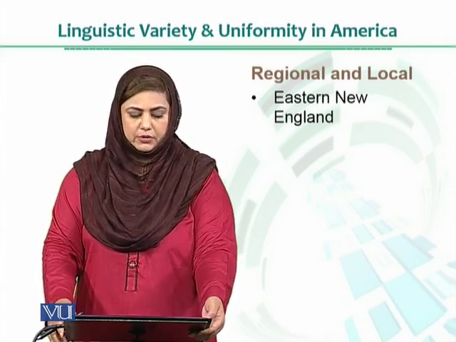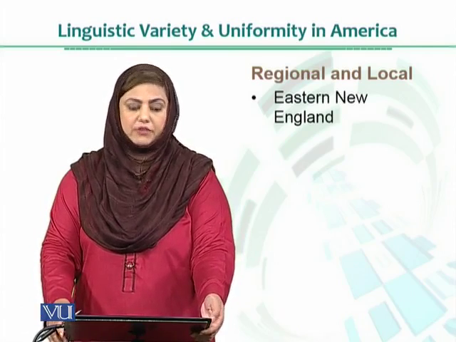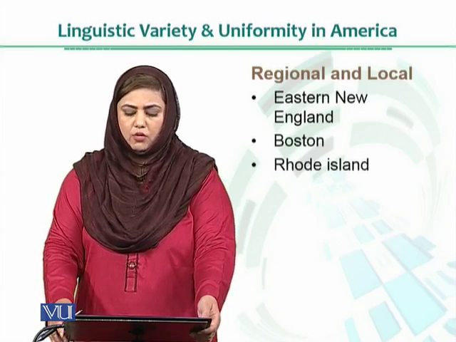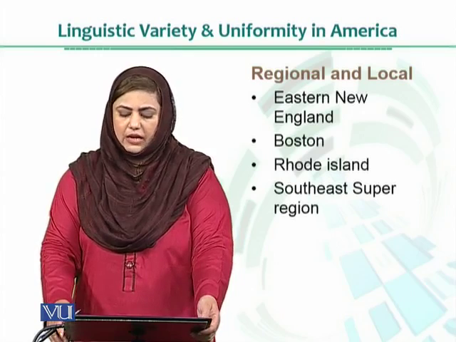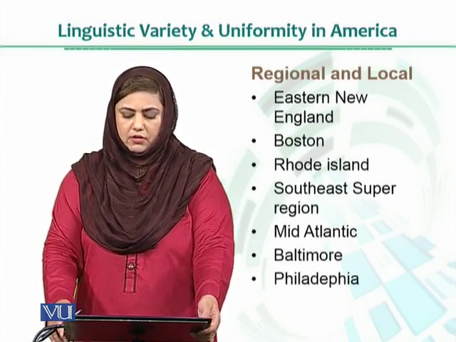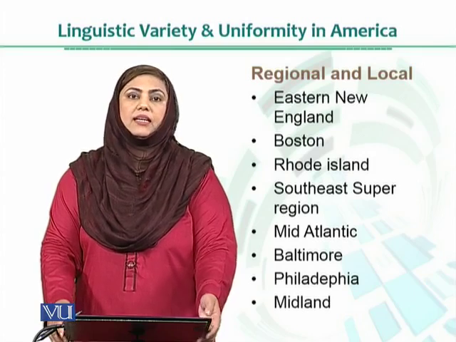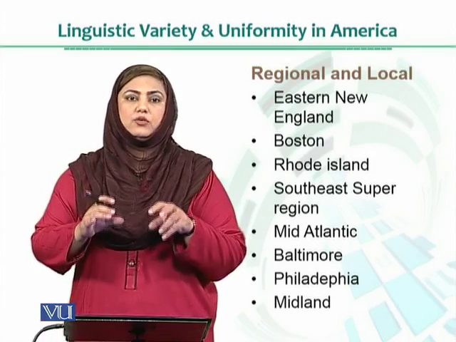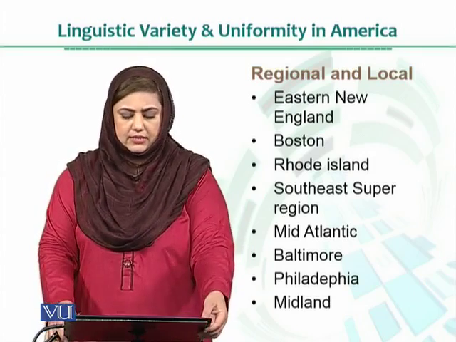Here are a few examples of that. These are the divisions of areas, in fact. Eastern New England, Boston, Rhode Island, Southeast Super Region, Mid-Atlantic, Baltimore, Philadelphia, and Midland. These are all examples of those different areas and the dialects that are associated with these particular regions.